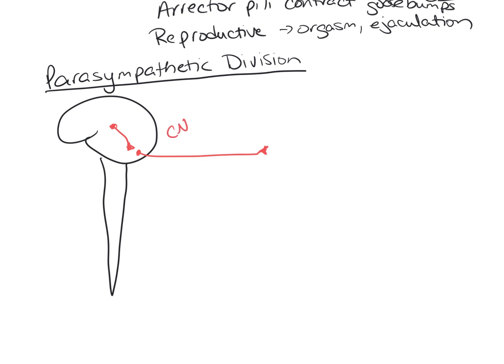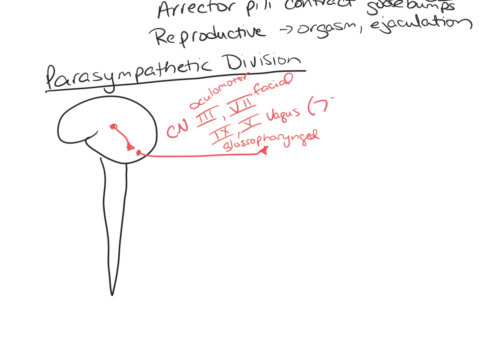And specifically, there's 4 cranial nerves: 3, 7, 9, and 10. So that's oculomotor, which is 3, facial, which is 7, glossopharyngeal, which is 9, and vagus, which is 10. The vagus nerve is going to carry 75% of all the parasympathetic motor commands.